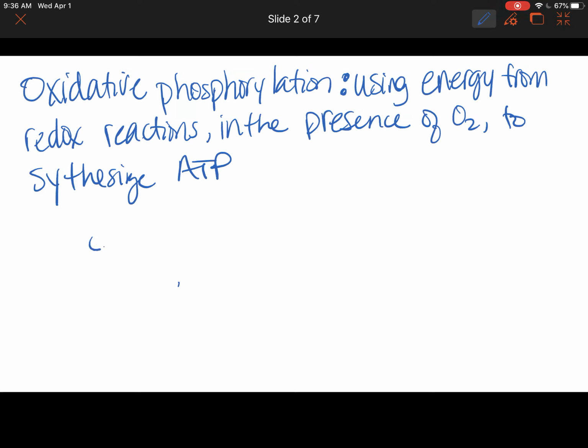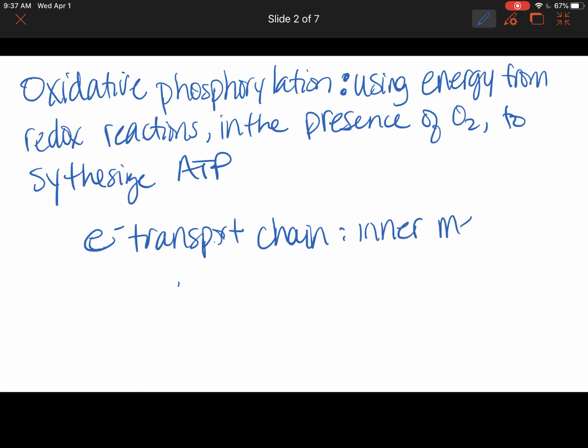Okay, now the electron transport chain and oxidative phosphorylation take place in the mitochondria. In particular, the electron transport chain takes place across the inner membrane of the mitochondria.